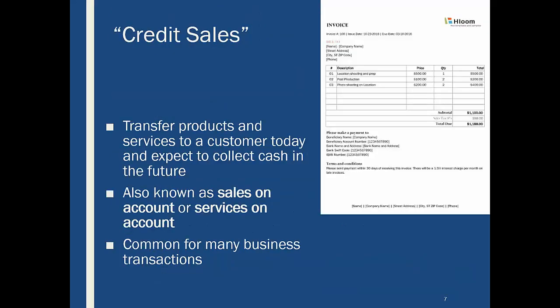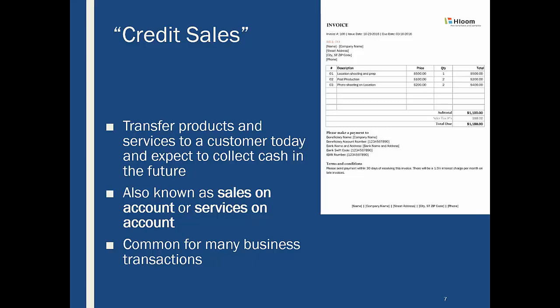So I'm going to introduce you to credit sales. So credit sales are when products or services are transferred to a customer today, let's say, but the customer hasn't yet paid that. So we still will need to collect that from the customer. So this is what's called a credit sale or a sale on account or a service on account. So don't confuse a credit sale with a credit card sale. That's a different thing.